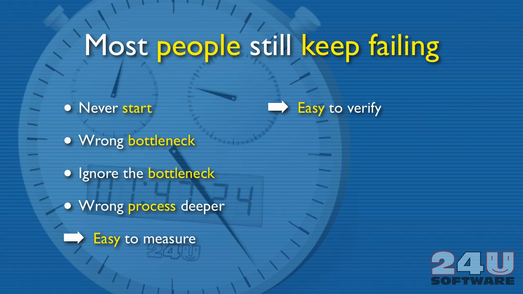Wrong bottleneck. As I mentioned, it's important to identify the right bottleneck. But there is an easy way to verify whether you have identified the right one. Remove it. Simplify it to nothing, to no operation. Just simply delete everything from the script and try it out. And if it becomes this fast, then you know it's the bottleneck.